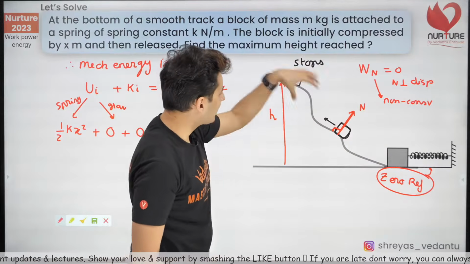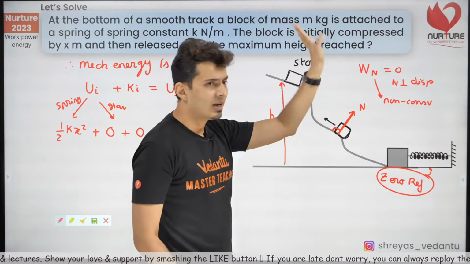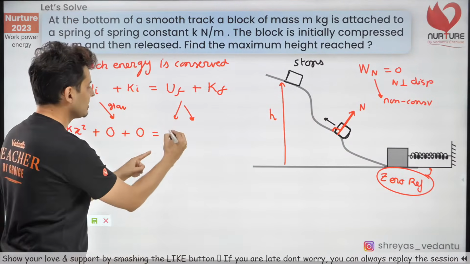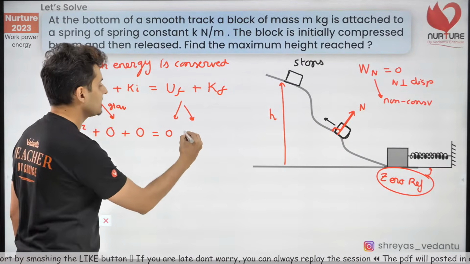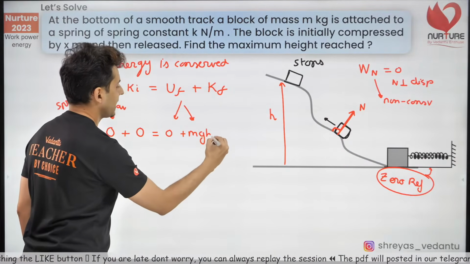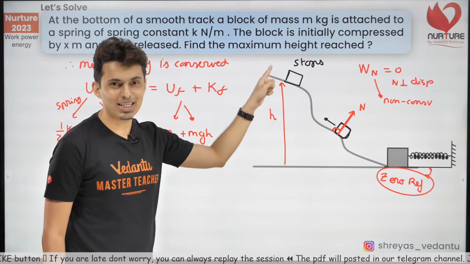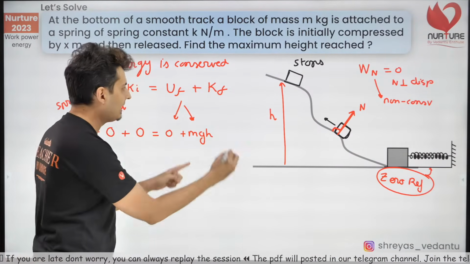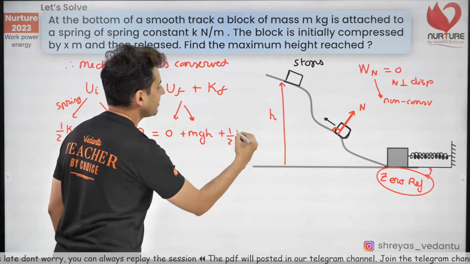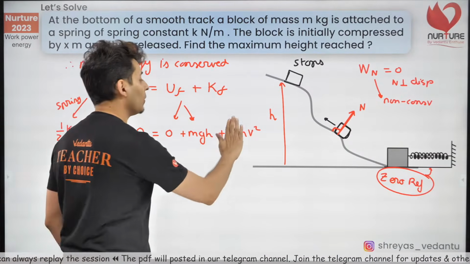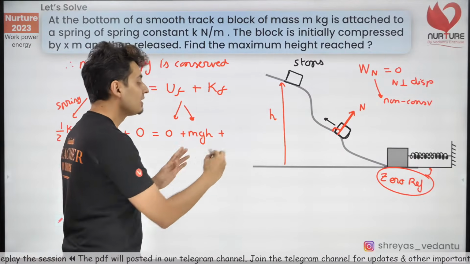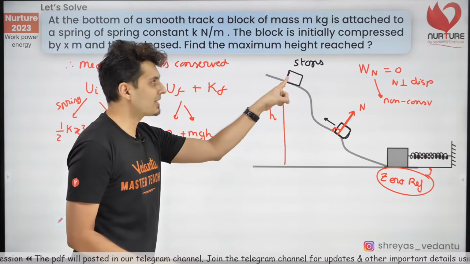When this block is released and it goes up, the spring comes back to its natural length, so the spring potential energy is 0. Gravitational potential energy is mgh. And kinetic energy is half mv square. Oh, no, this will also not be half mv square. This will be 0 because it stops eventually.